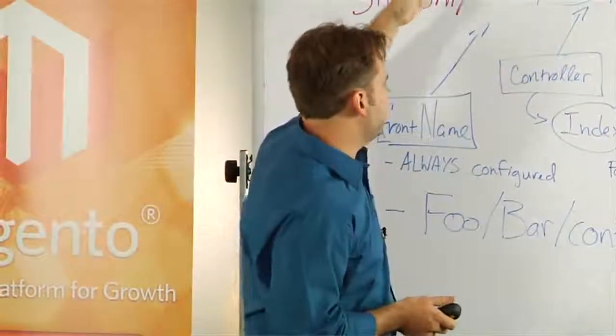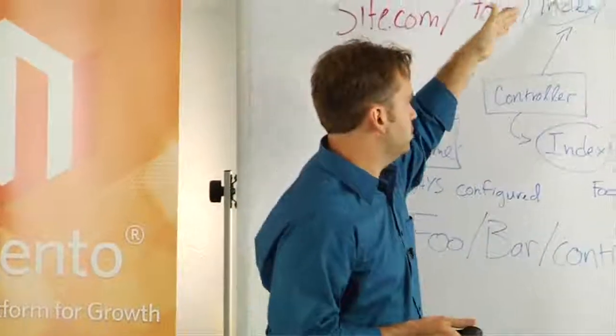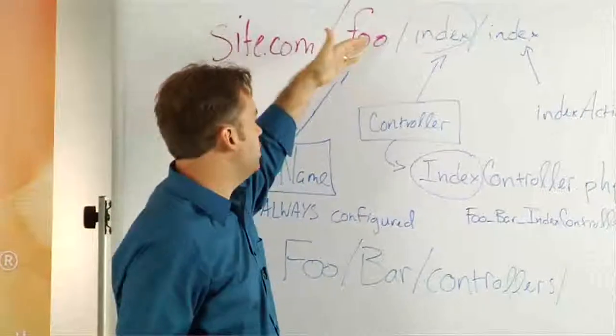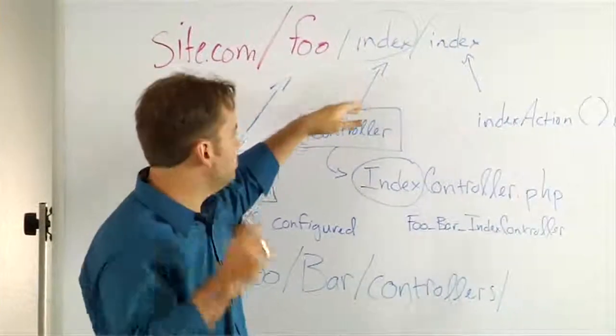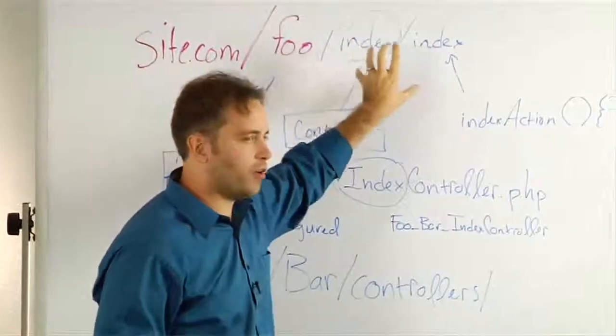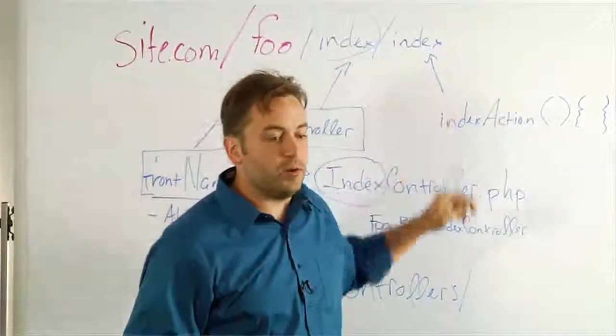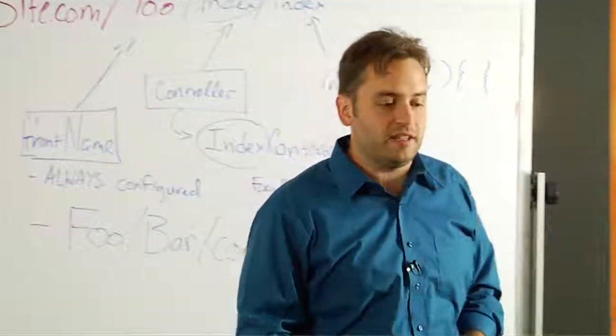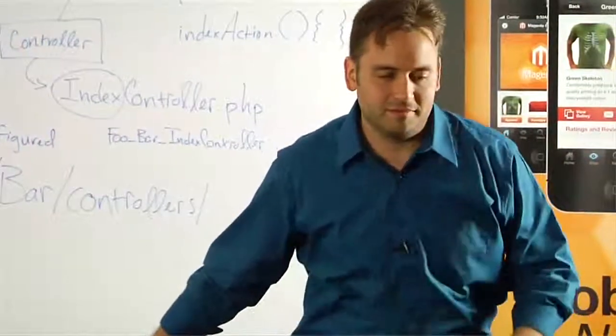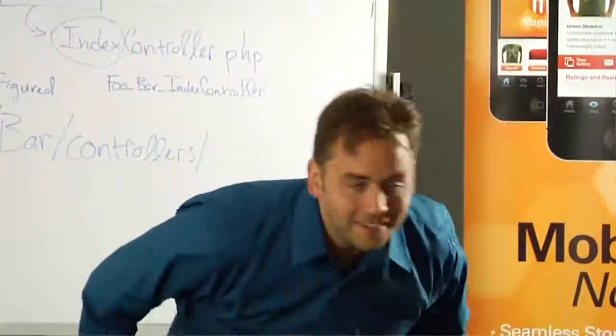Again, you would read it as front name, module, and configuration to controller file, and then eventually this piece here will be the action. So it makes a lot more sense once we start working with it, I think.